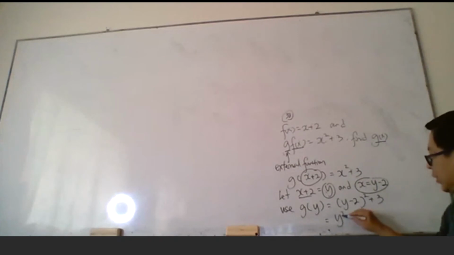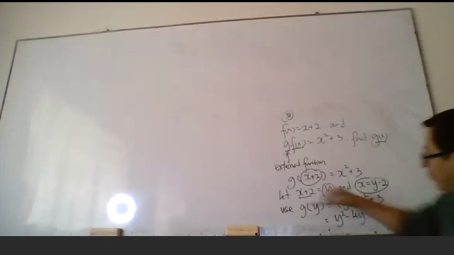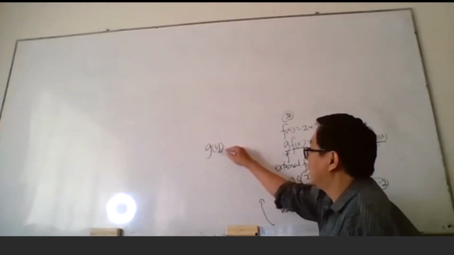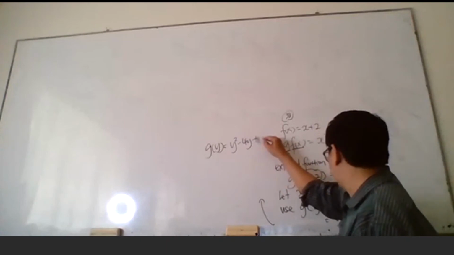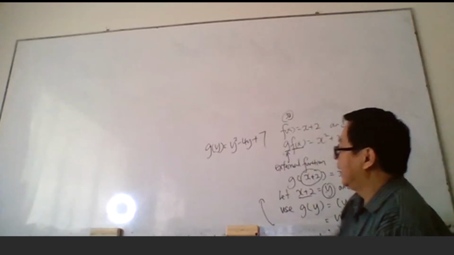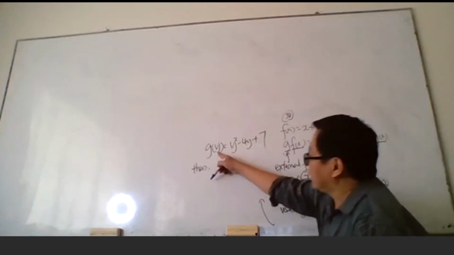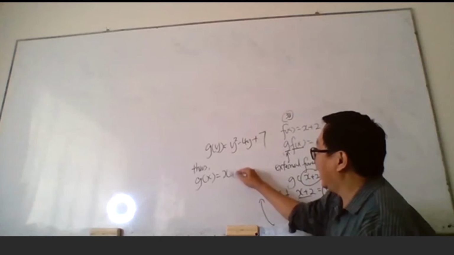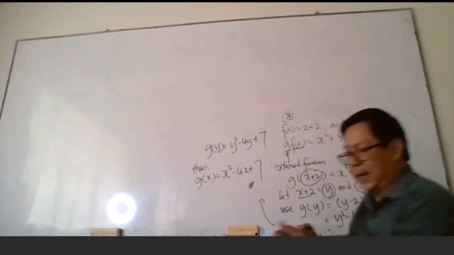The teacher will expand, so your g(y) becomes y squared minus 4y plus 7. And finally, the teacher says you must change your y back to x: x squared minus 4x plus 7. So that is the answer.